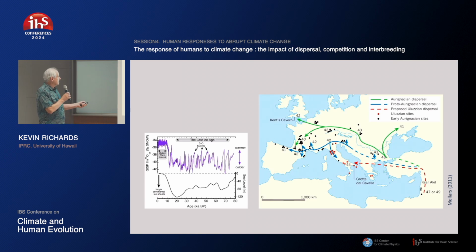He also included the Uluzzian sites, but it's my understanding that there's still uncertainty exactly how this techno-complex got into southern Europe, and in particular Italy.